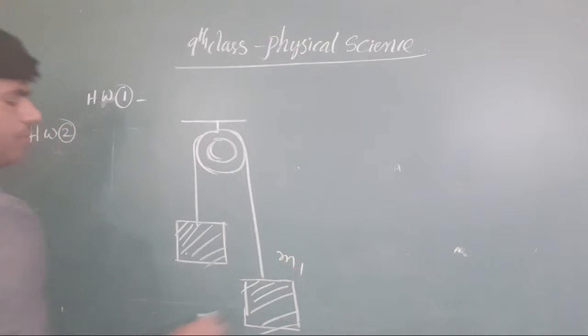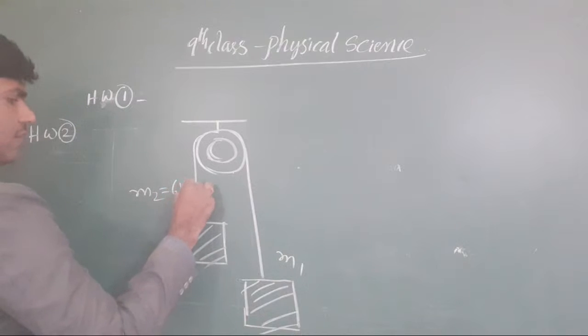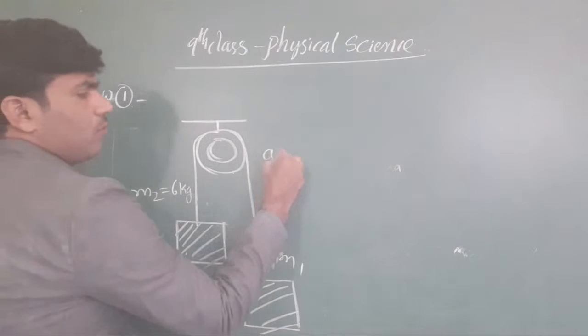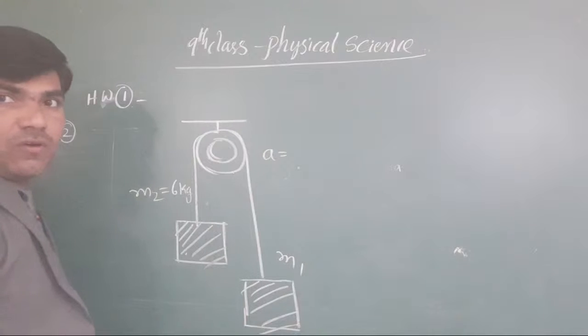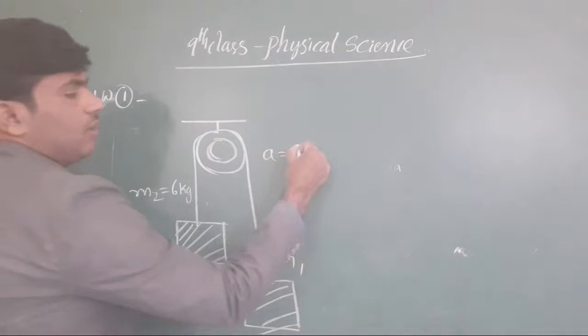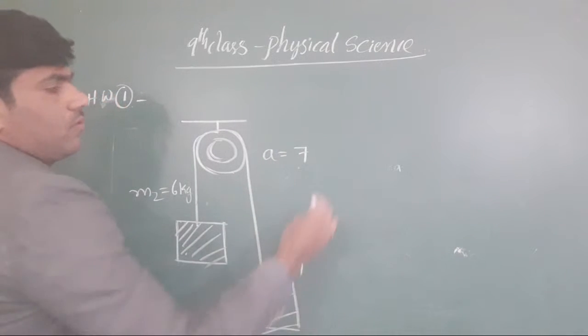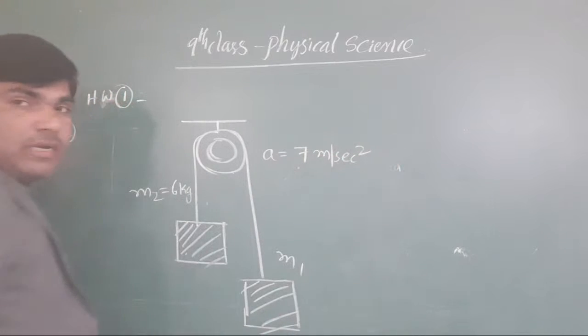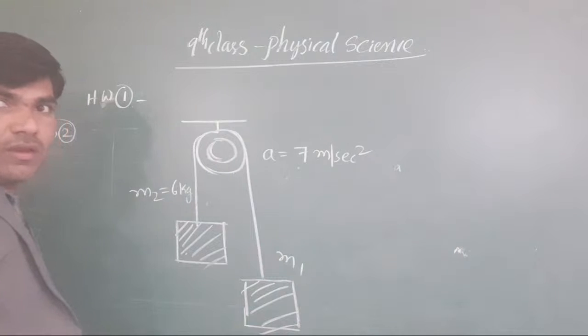Here it is M1. Here M2 is equal to 6 kg. The acceleration of the thread, A, is taken as 7 meter per second square. Clear, all the students?